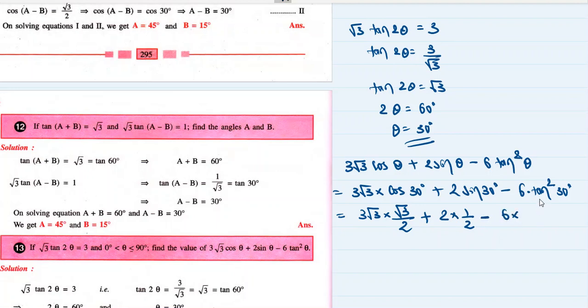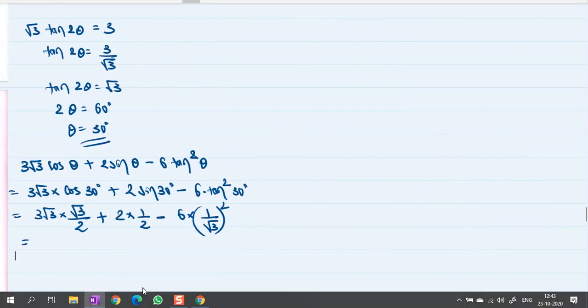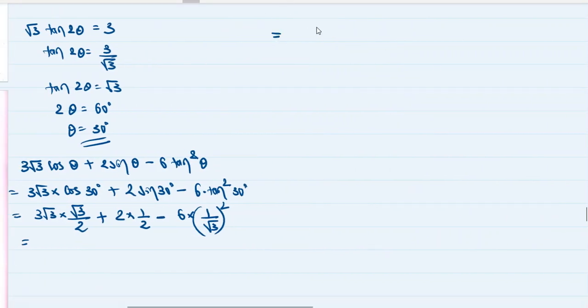Minus 6 times tan square 30 is 1 by root 3 the whole square. Okay, so we just have to evaluate this. Let's make some space. Okay, let's do the evaluation over here.